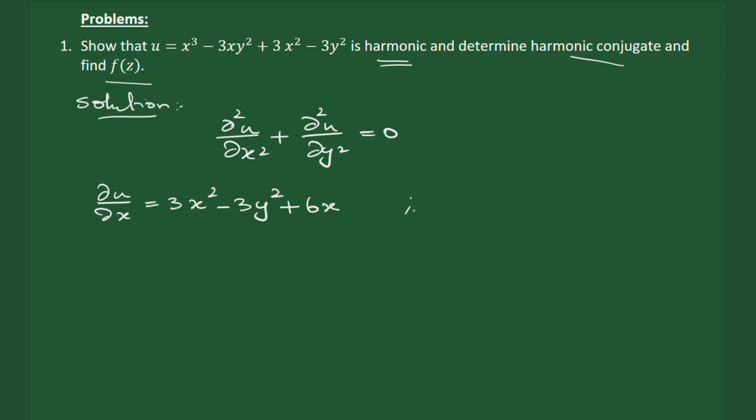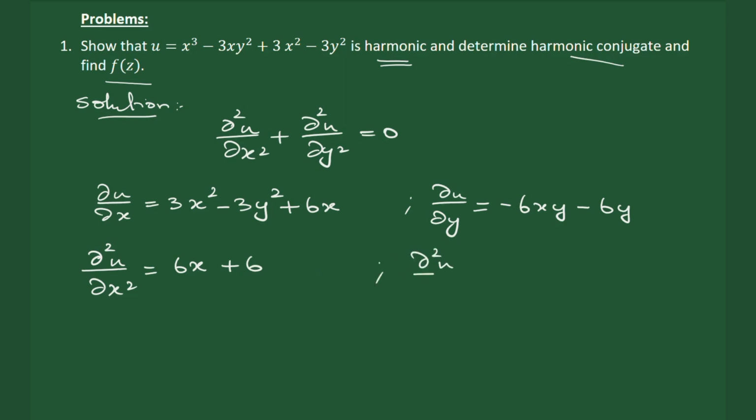Next is dou u by dou y. It should be minus 6xy and then minus 6y. Next is dou square u by dou x square. We differentiate one more time with respect to x. So the first term becomes 6x, the second term becomes 0, and the third term becomes 6x.